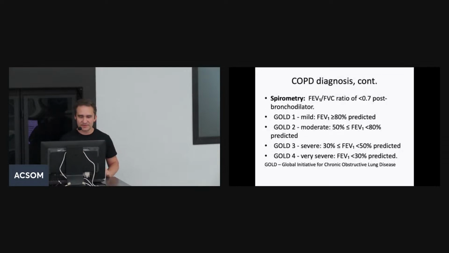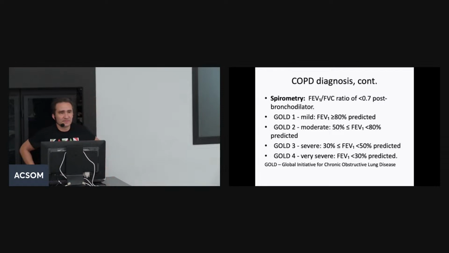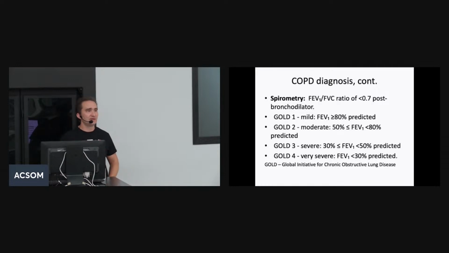So spirometry, how do we diagnose? Of course, we take a detailed history, we examine, and ask about smoking history and exposure to different environmental factors. If somebody's younger, especially not smoking, you need to look at other reasons like alpha-1 antitrypsin deficiency and some other genetic possibilities.